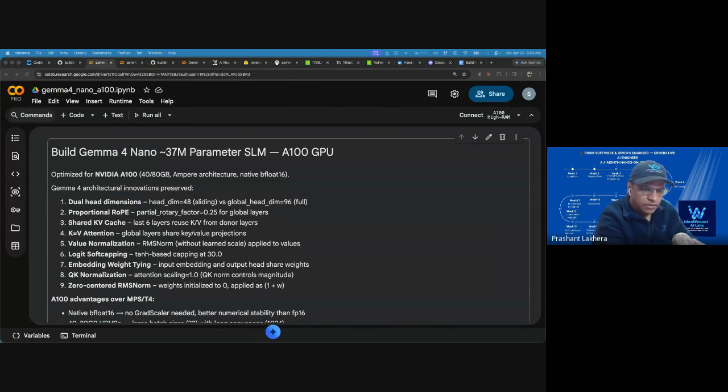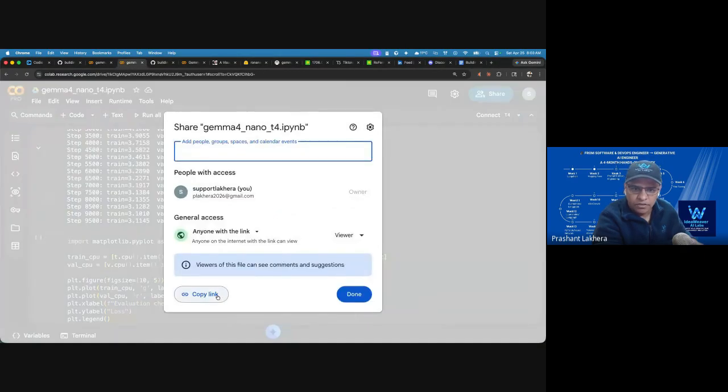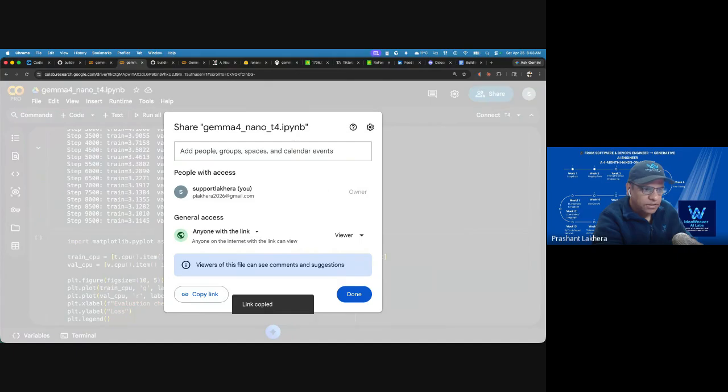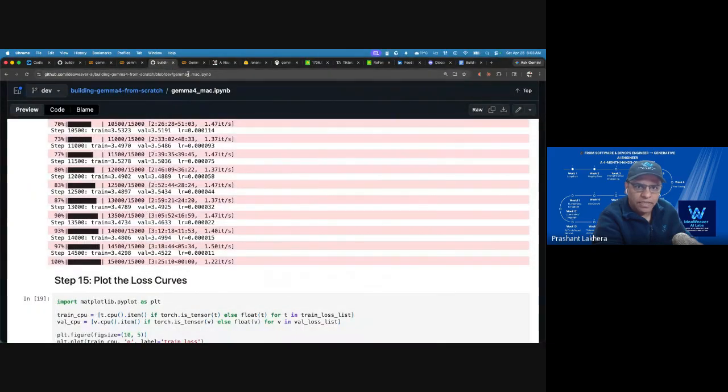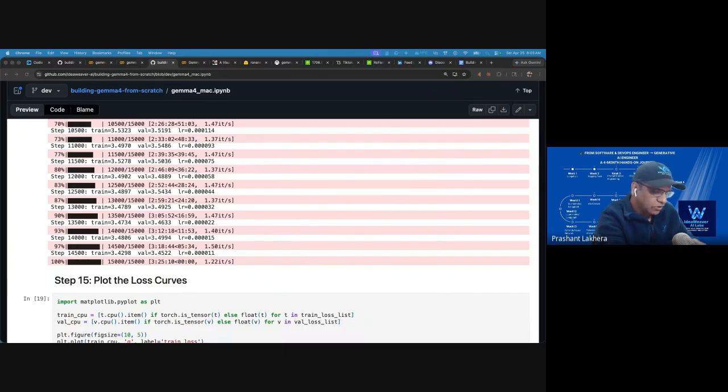So this one, I ran it on A100 GPU. Then there is this one, which I have created on T4 GPU. There is even one more, which I have created on the MacBook. And we are going to discuss all these things, like why it's always being done.